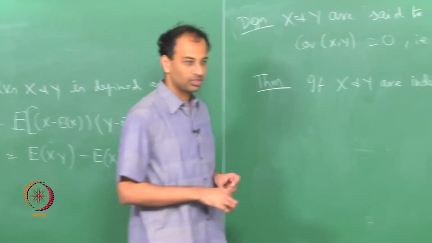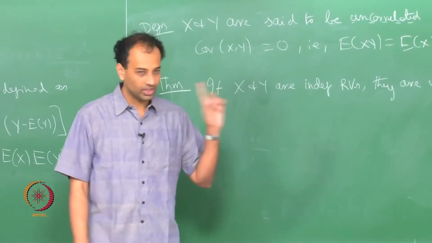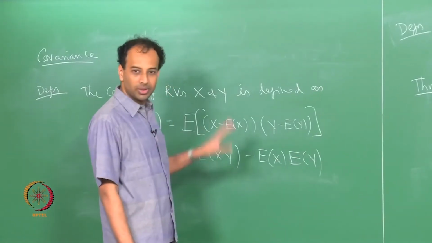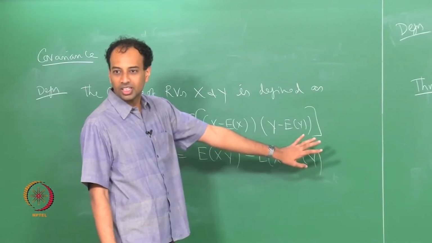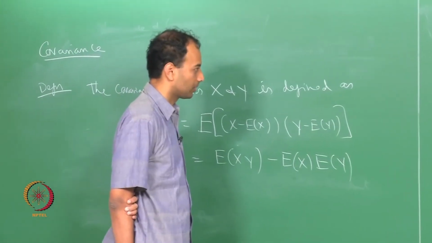So, independent random variables are always uncorrelated. If you take two independent random variables x and y, expectation of x y will always be equal to expectation of x times expectation of y.